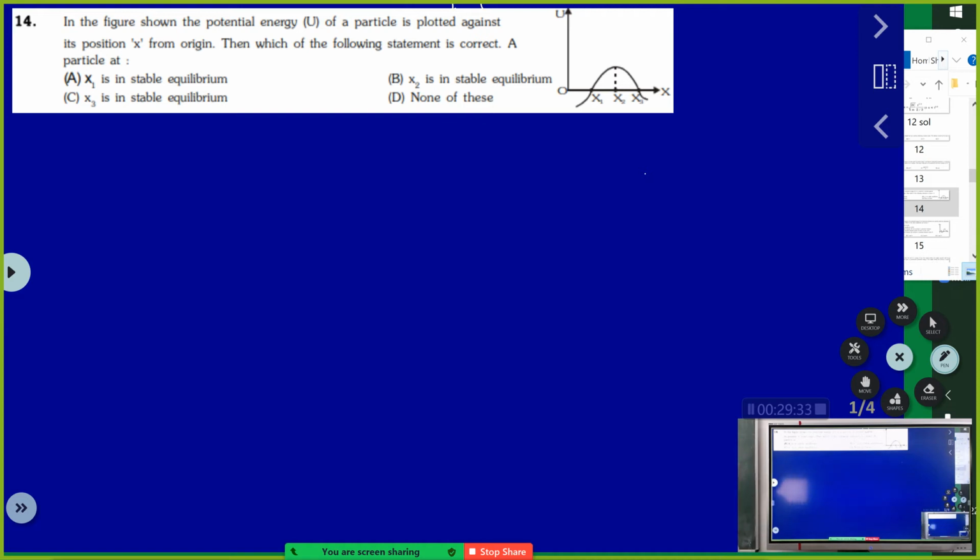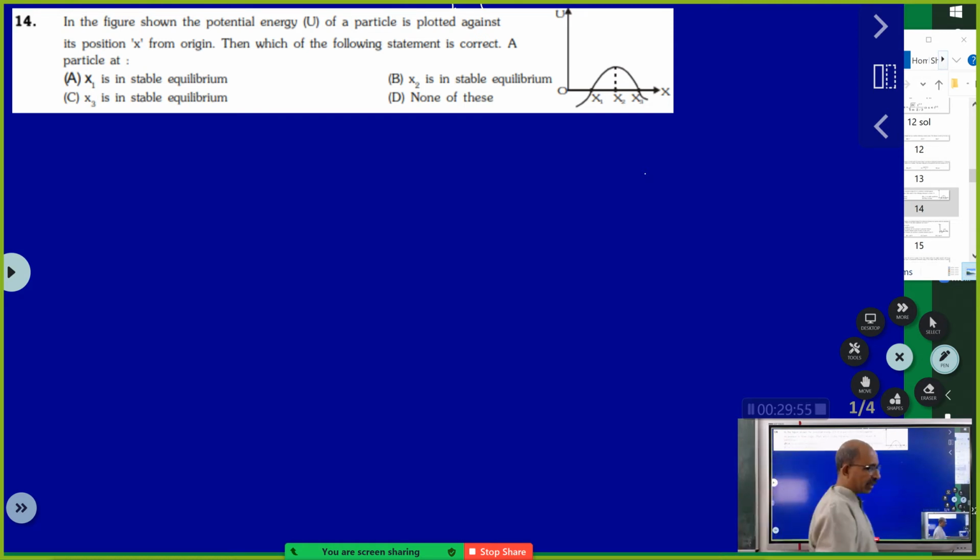X1 is stable equilibrium. Definitely not. Isn't it? What is the condition for stable equilibrium? Sorry, what is the condition for equilibrium first? The net external force acting on it should be 0. So how will you get net external force in this case?